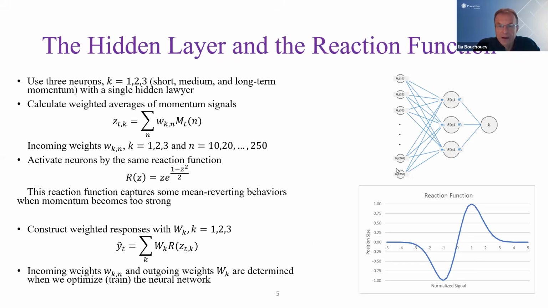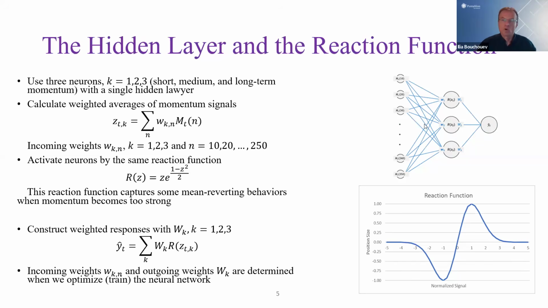We have 25 features now, re-engineered features, which are momentum. They have all kinds of connections, and we have 3 neurons, which represent 3 different types of hedge fund. Conceptually, you can think about them as a short-term fund, medium-term, and longer-term fund. That's the idea behind 3. And we only use a single hidden layer.